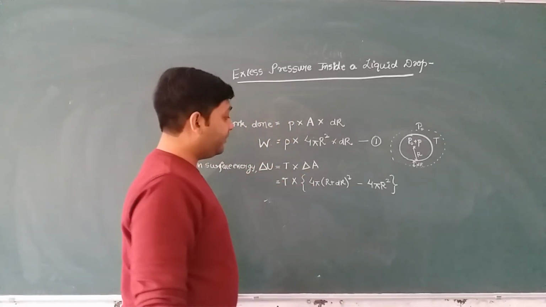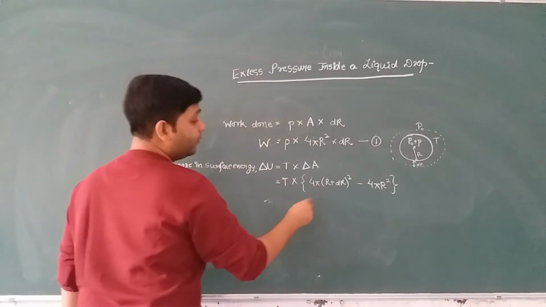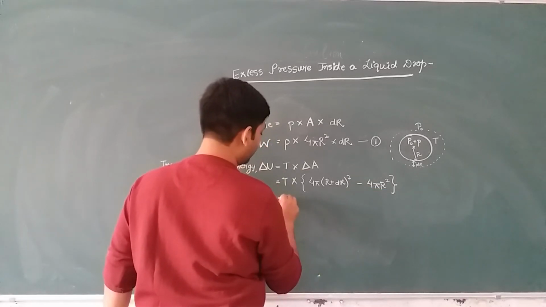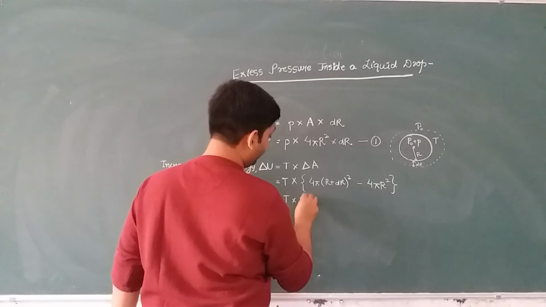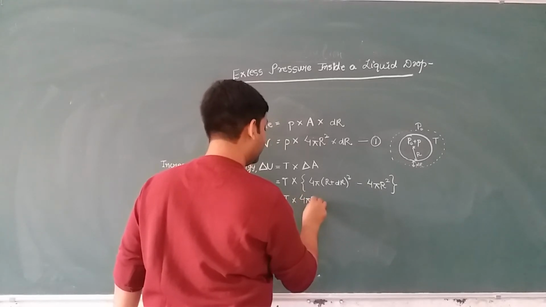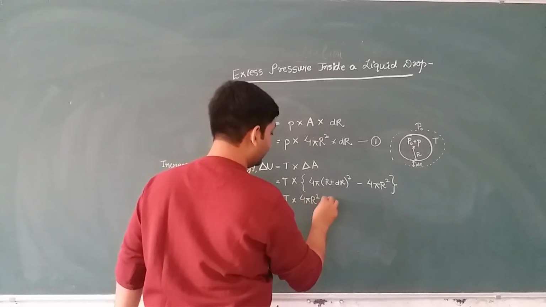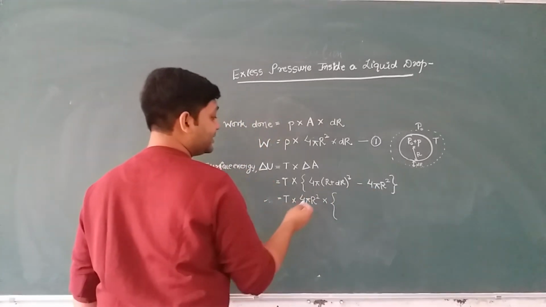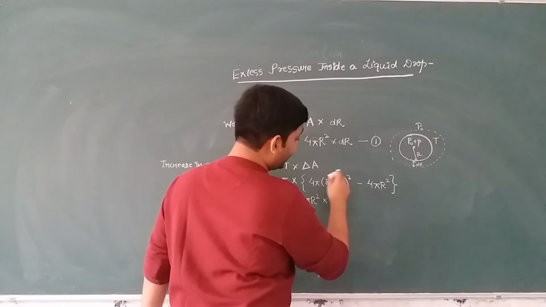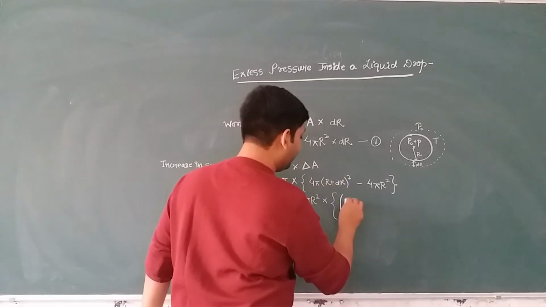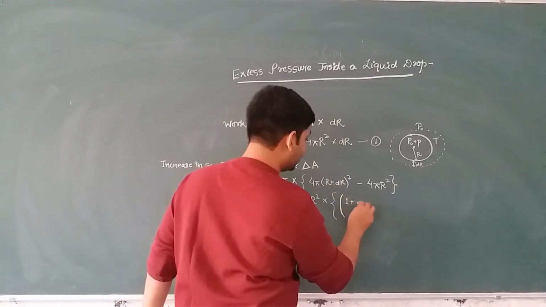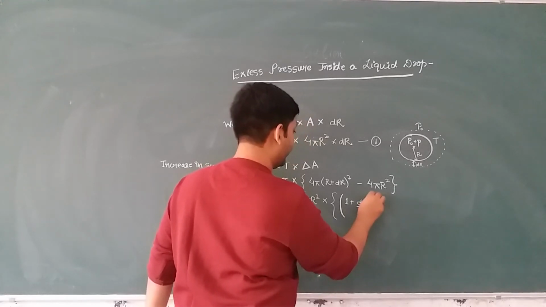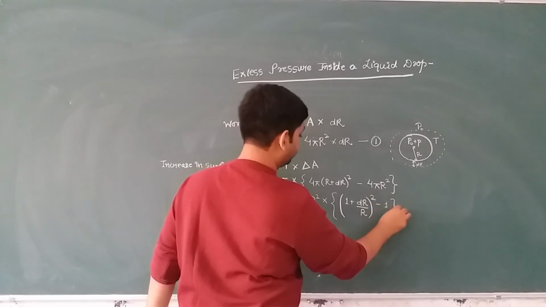I hope I am clear to everyone. Now we can take out 4 pi r square common. So T into 4 pi r square is taken out common, and if we take r square common from inside, we are left with (1 plus dr upon r) whole square minus 1.